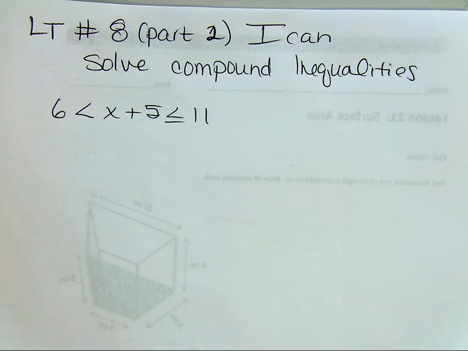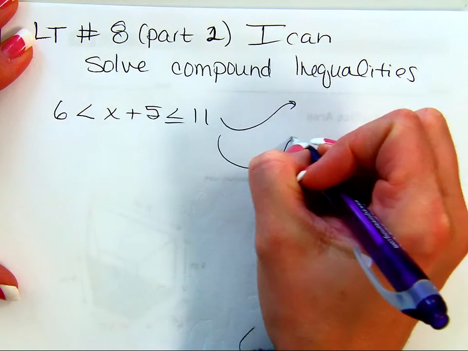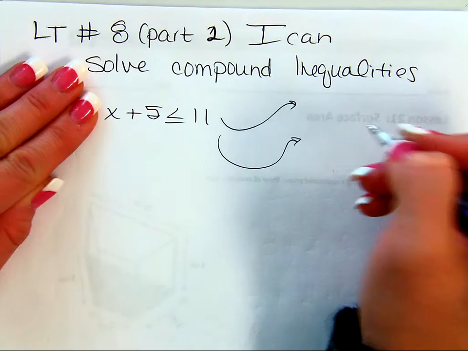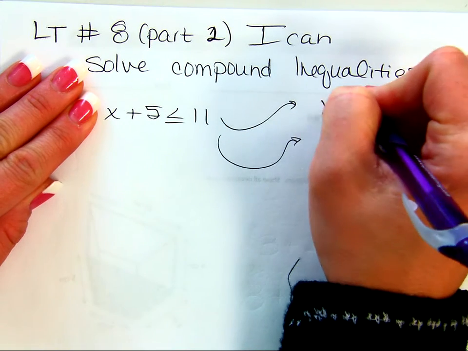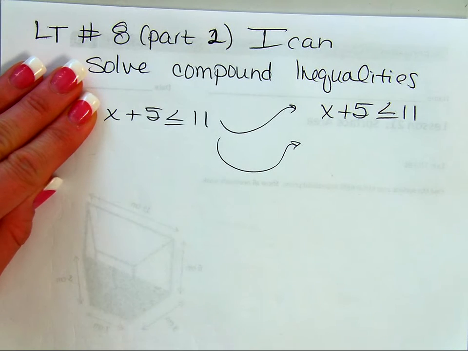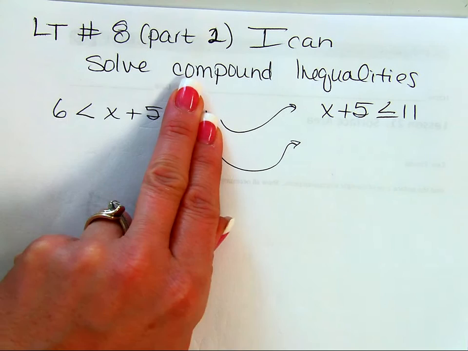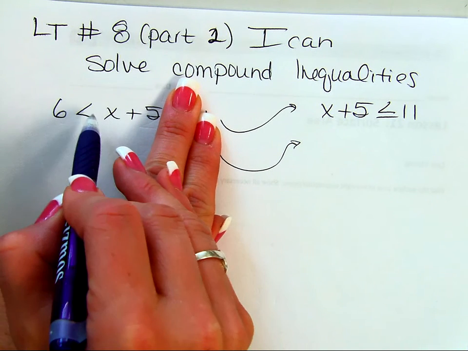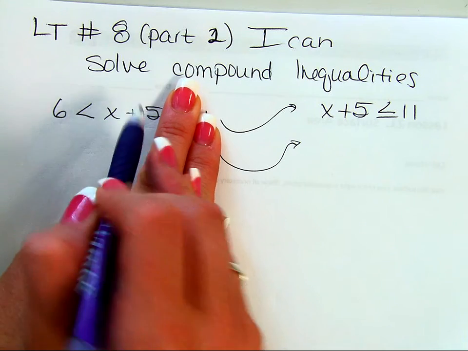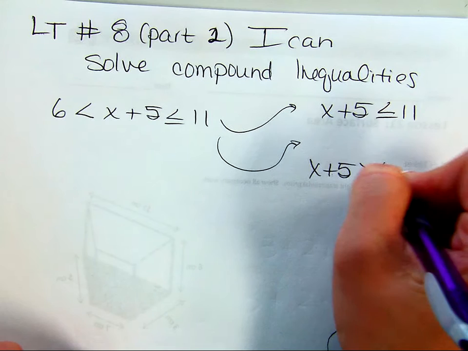And if you were to look at this the way we did it when I first explained it to you, by separating them, like if I cover this up, I am given x plus 5 is less than or equal to 11. That's one of them. Or if I covered this one up, then I had x plus 5 is greater than 6, because if 6 is less than this, then x plus 5 is greater than 6.